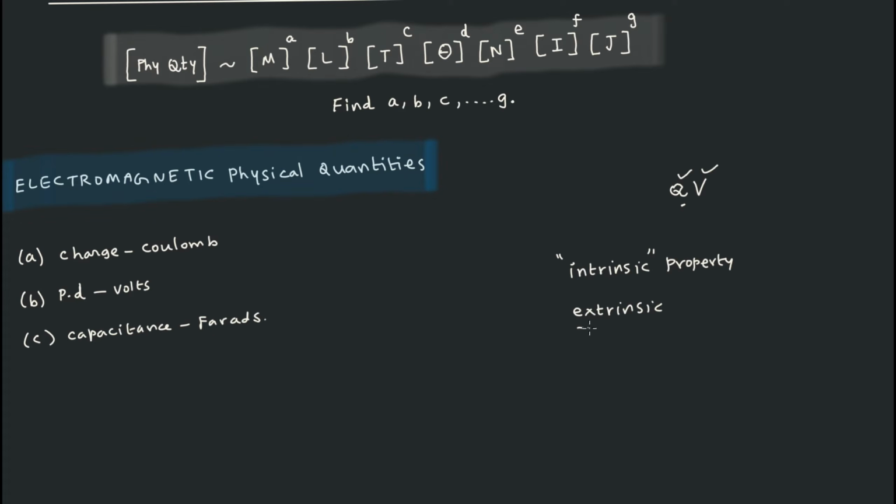Extrinsic property means something that you can modify. For example, you are wearing a shirt, and when you are manufacturing a shirt, you can change its color. If you don't like a particular color, you can change it and then make your dress, which means that there is some flexibility for you to modify some property. I am talking about color, for example.